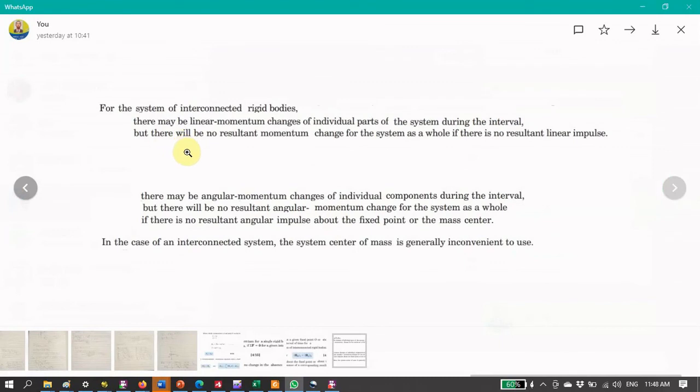Here I place the tips by Professor Merriam for systems of interconnected rigid bodies. There may be linear momentum changes of individual parts of the system, I mean the connected rigid bodies, during the interval when the force or moment is applied, but there will be no resultant momentum change for the whole system if there is no linear impulse.